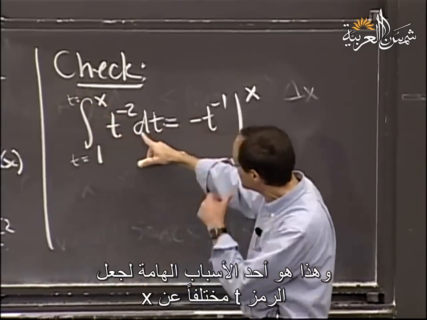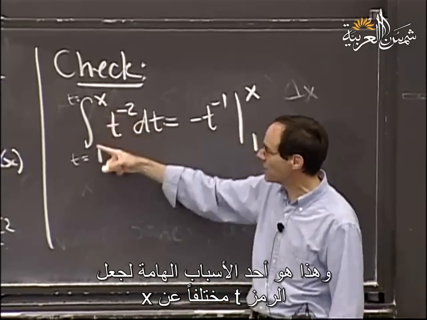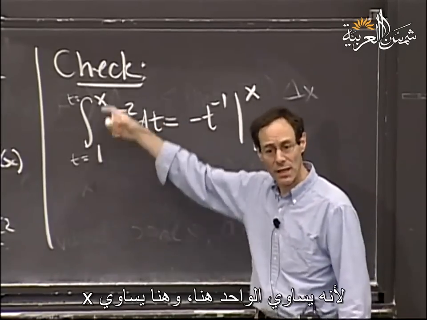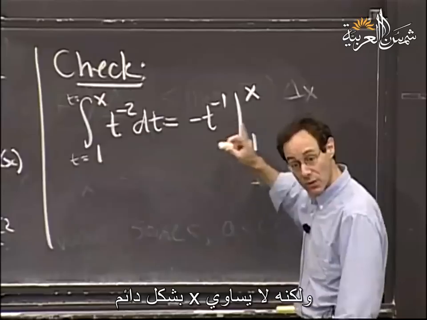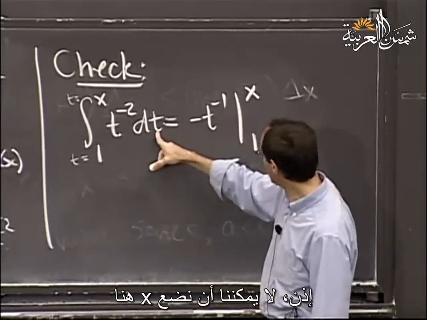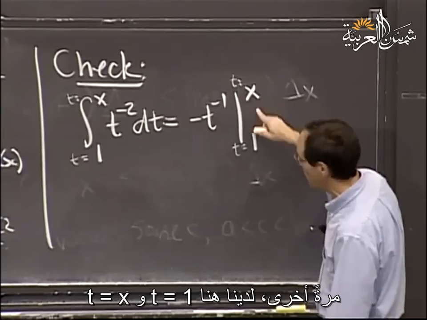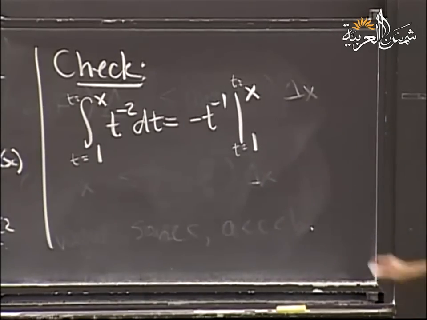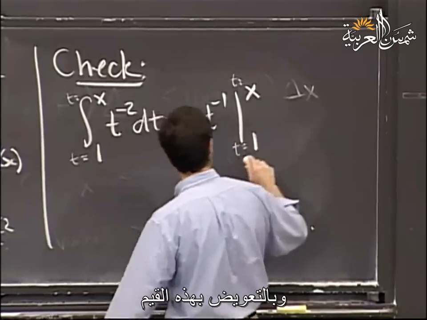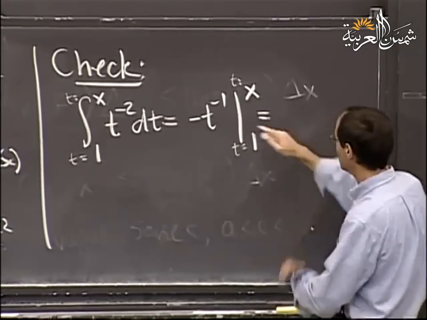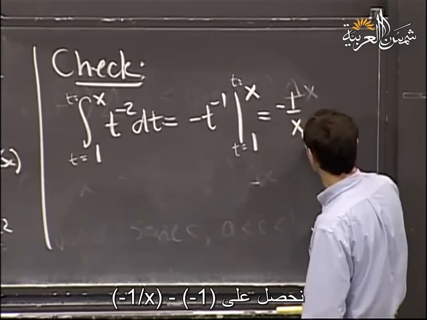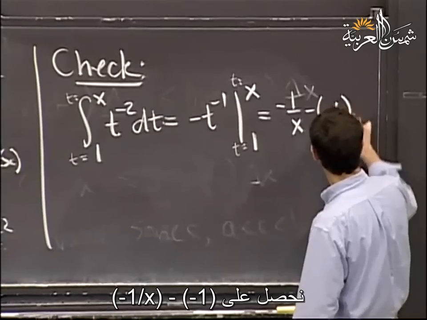And this is one of the big reasons why this letter t has to be different from x, because here it's 1 and there it's x. It's not x, so you can't put an x here. Again, this is t equals 1 and this is t equals x over there. And now if I plug that in, I get what? I get minus 1 over x, and then I get minus a minus 1.